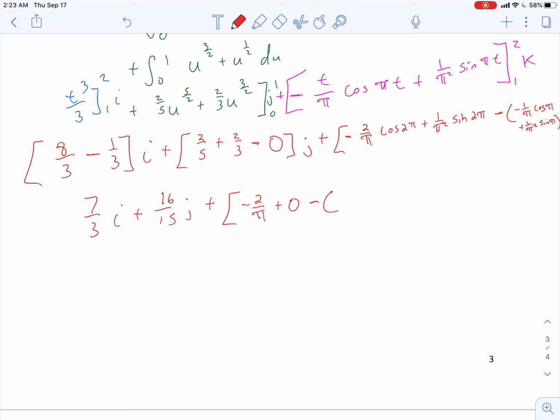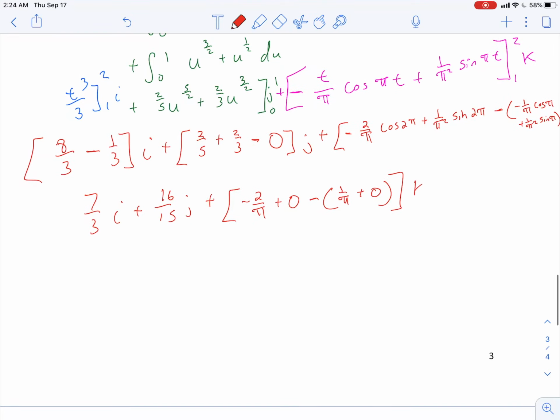So 0 minus, and then we have negative 1 over pi times cosine pi, so that's going to be positive 1 over pi, sorry, let me make sure I fix that. So 1 over pi plus 0. And so that's k. And so we have 7/3 i plus 16 over 15 j, not plus, but minus 3 over pi k.